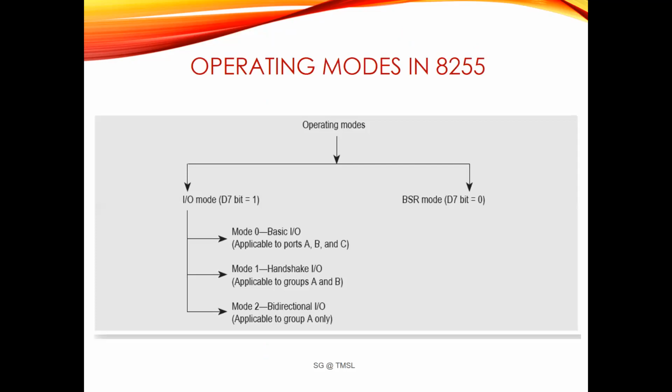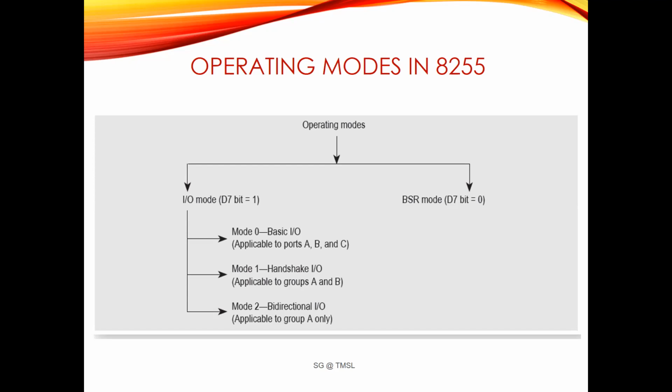Next, coming to the operating modes. The function of each port in the 8255 is software programmed by the programmer. This is done by writing a control word in its control register. The control register is 8-bit in size, and the control word is stored inside it.